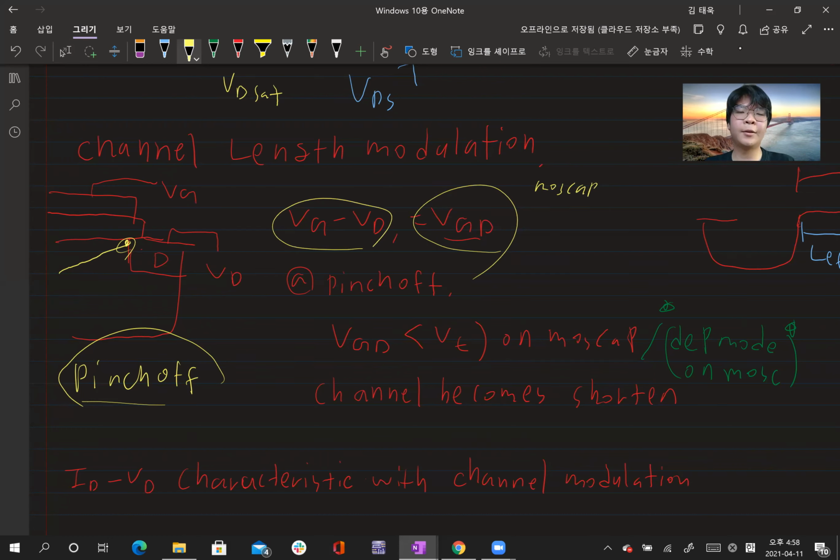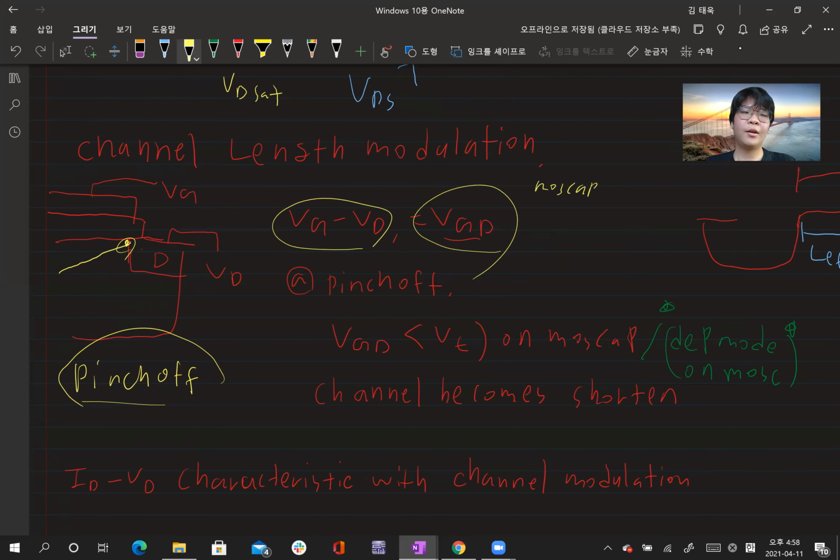If at the source side there is enough voltage difference between source and gate. However, the gate is positively biased and the drain is at a higher positive bias. So the difference between gate and drain is lower than that between gate and source.